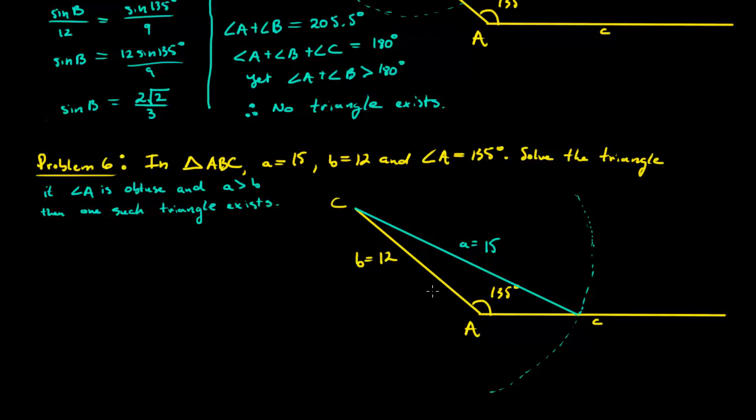And then we can solve this triangle. And if you solve it using the sine law or the cosine law, which you can do in this case, by the way, you could solve for side C using the cosine law. You'll see that there's only one possible triangle that exists.